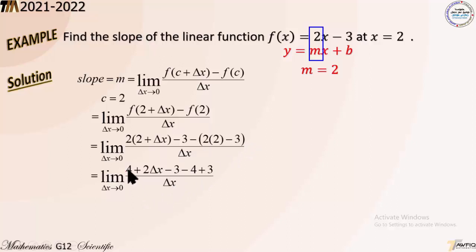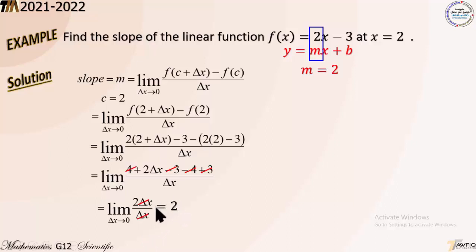Cancelling 4 with minus 4 and minus 3 with plus 3, the limit becomes delta x approaches 0 of 2 delta x over delta x. Cancelling delta x with delta x, the answer is 2.